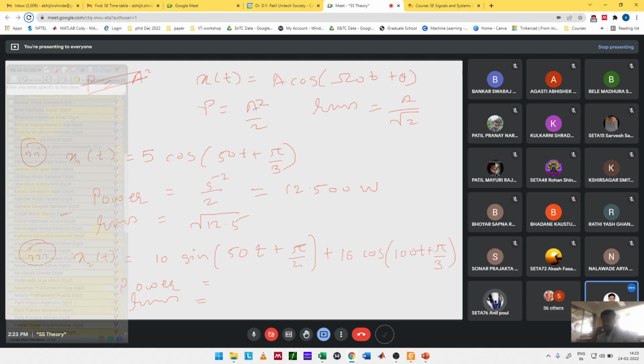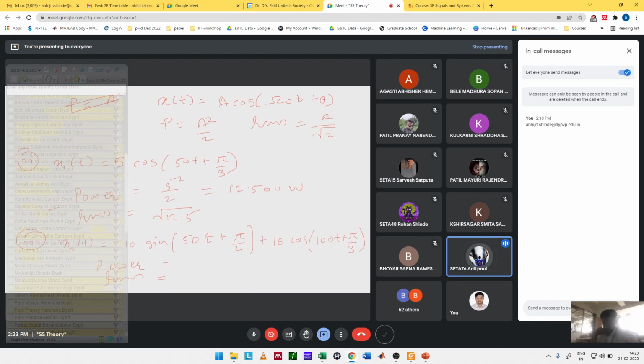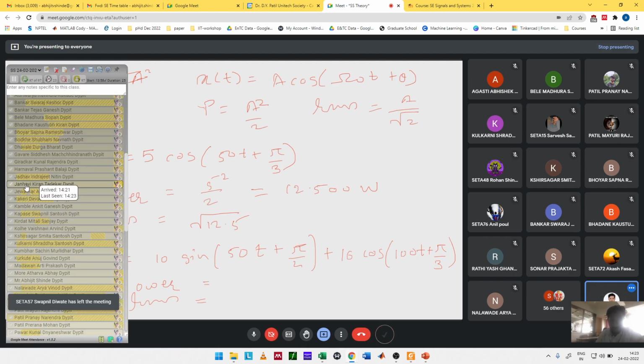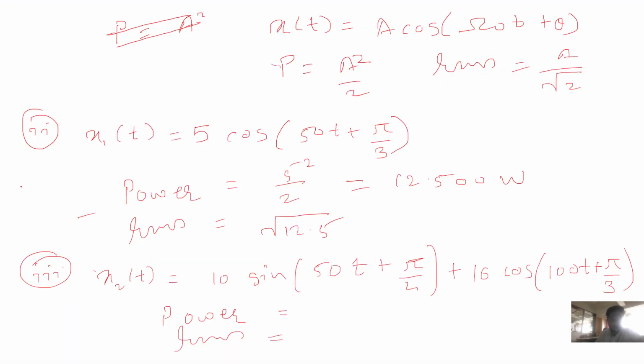Sir, hello sir. Yes, Anil. Sir, in question 2 the RMS value comes out as 3.53, right? A by root 2. Right, right, right. So this is 5 by root 2. No, no, no. Understand this. See, the power is equal to A squared by 2, right?